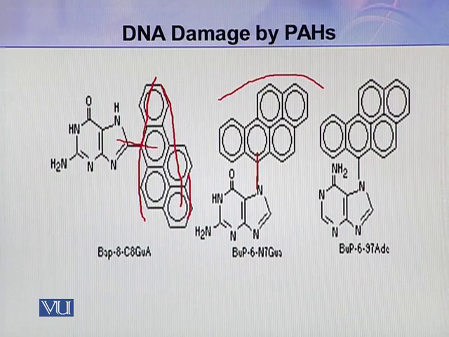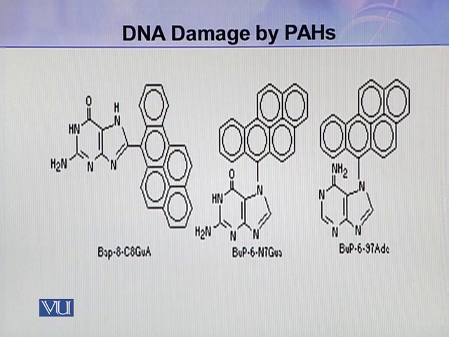So in these two ways it can damage the guanine base, but it can also form a monoadduct with adenine. Here is the example of a monoadduct of adenine, attached with the N9 of adenine. In this way, these monoadducts are formed by the active agents which are formed after metabolic activation of PAH.